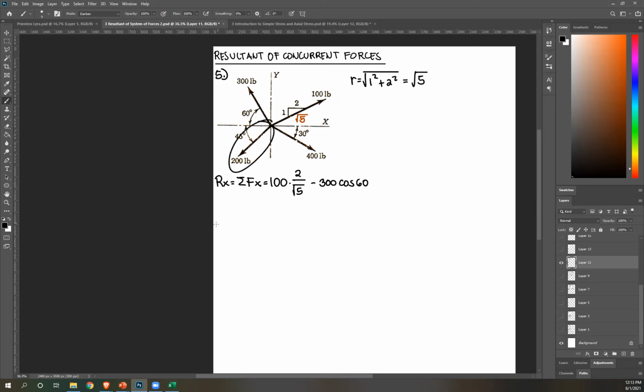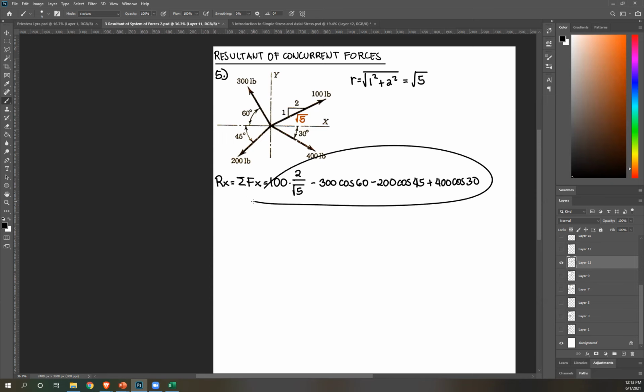Next, this is to the left, so minus 200 cosine 45. And then lastly, your 400-pound force to the right, so positive 400 cosine 30. Please compute what's the final answer here.